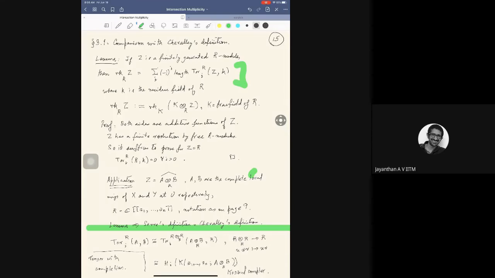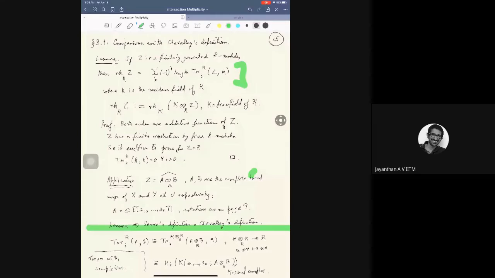And whenever something is given by a regular sequence, you can compute it using a regular sequence. So things like x_i tensor 1 minus 1 tensor x_i, which were called z_i on an earlier page. So it's just that. Okay. So far we have found agreement between the geometric definition and Serre's purely algebraic definition.